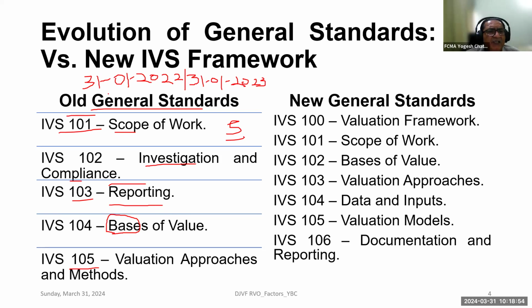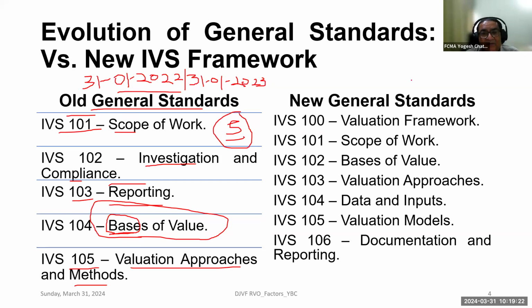If the foundation is strong, the entire building will get strength out of that. So in valuation, the basis of value or standard of value acts as a foundation. So the basis of valuation is very important, and then the valuation approaches and methods. So there are in all five general standards, compliance of which is mandatory in all types of valuation assignments.